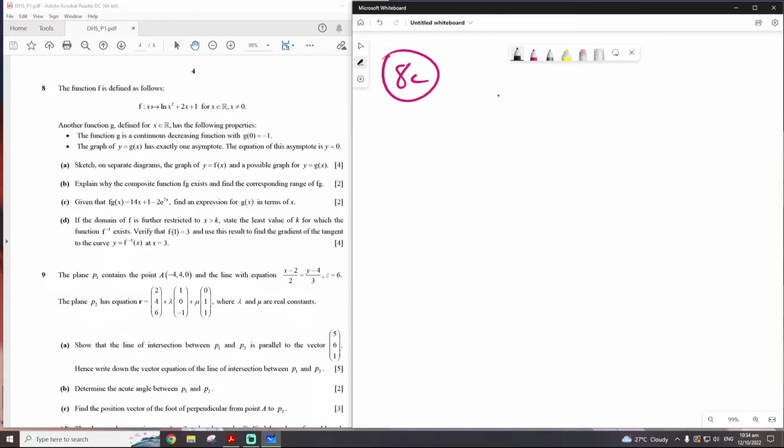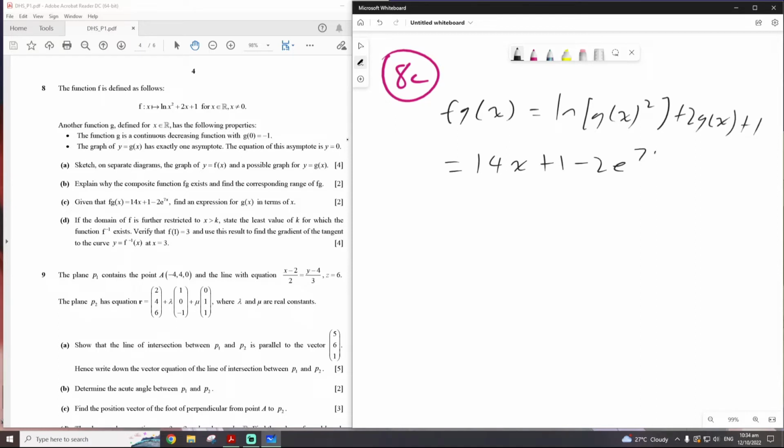What I'm going to do is find fg of x explicitly. So we put in ln(g(x)^2 + 2g(x) + 1), and this is 14x + 1 - 2e^(7x).